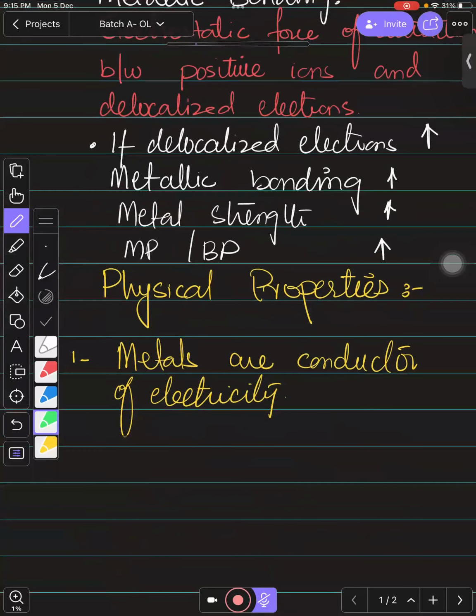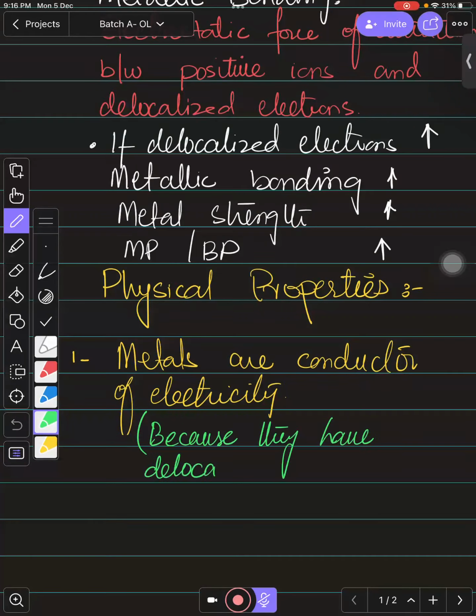The reason for conduction of electricity is that they have delocalized electrons. Right, children?